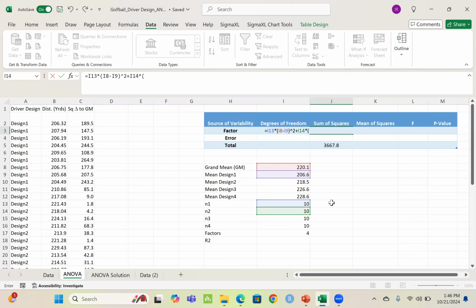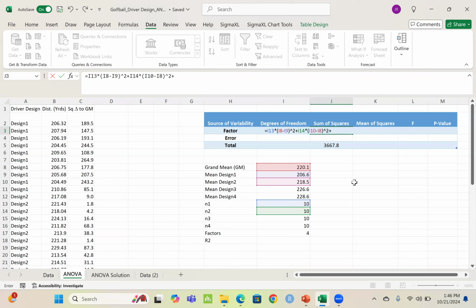So on this side, what I want to do is then calculate the difference that exists between the second mean and my grand mean, and actually square this as well.